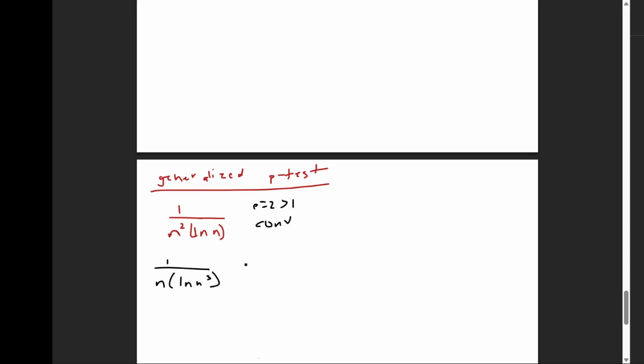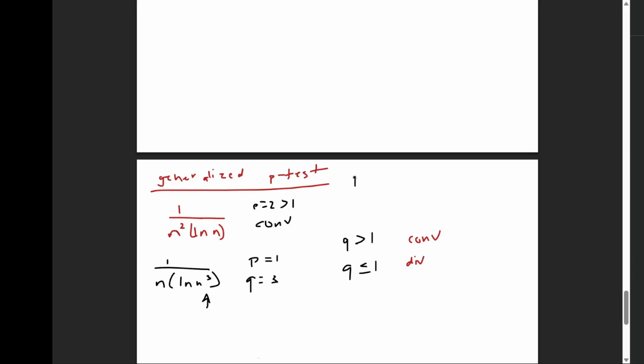When it looks like this, and p is equal to 1, we then look at whatever the exponent is for the logarithm. So in this case, I can't call it p, so I'll call it q, equal to 3. And the rules for this test are, if q is greater than 1, then it converges. And if q is less than or equal to 1, then it diverges.